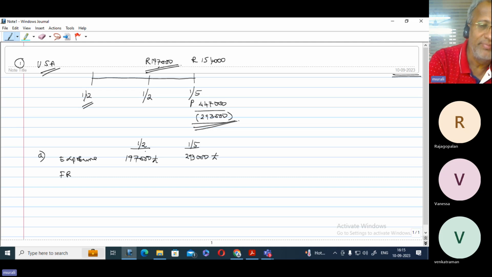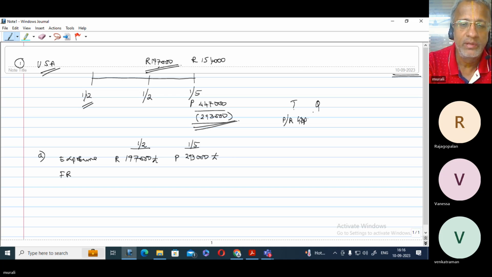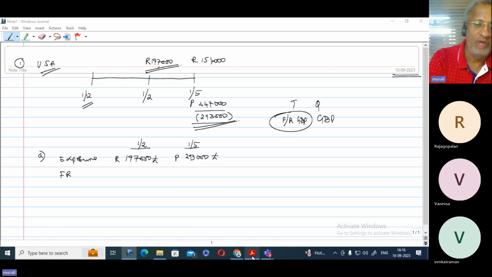So this is a receivable exposure. This is a payable exposure. And always I tell in the very first class itself, check whether the transaction and the quote are compatible. What is the transaction? The transaction is to pay or receive pounds, GBP. The quote is for GBP. How do we know that?